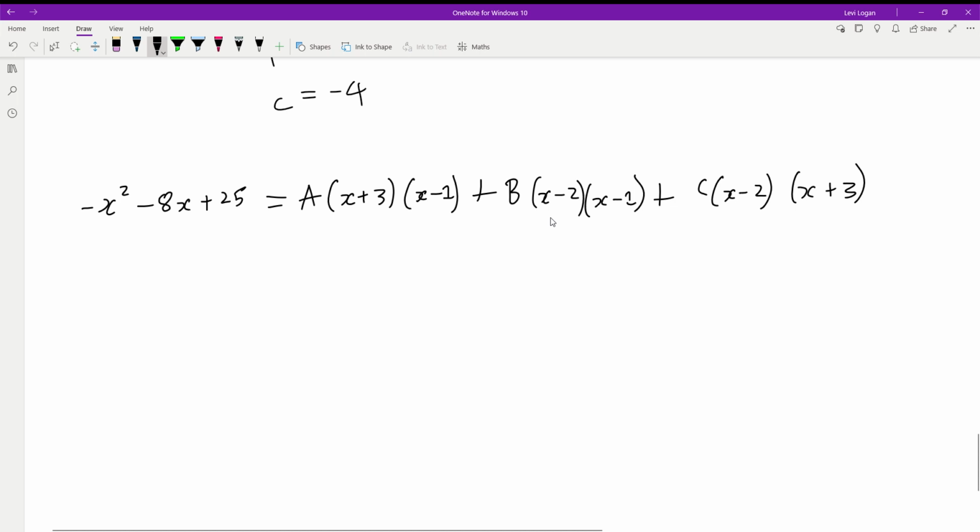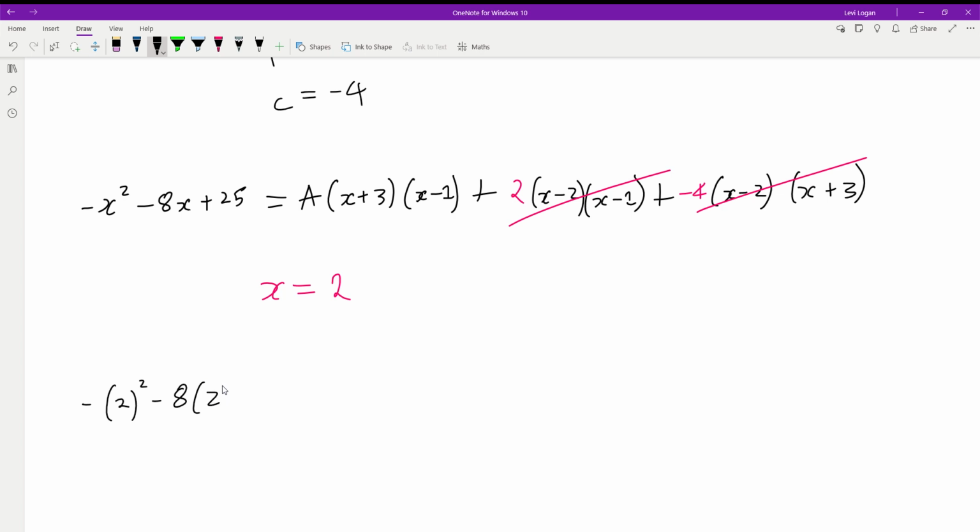Ta-da, we found c. So we're going to copy and paste that thing again and do the same thing, except we now know b is 2, I think it was, and c is negative 4. So 2 and negative 4. And then finally we're going to substitute x equals, which one haven't we done yet? 2, that's it. That turns to 0, that turns to 0. So what we're going to have is negative 2 all squared minus 8 times 2 plus 25 is equal to a multiplied by 2 plus 3 and 2 minus 1.